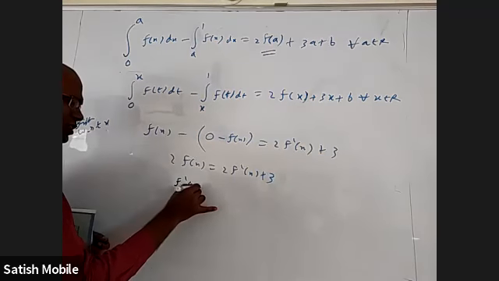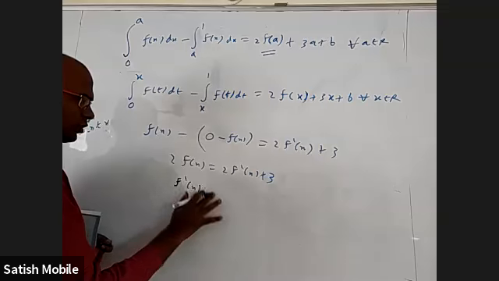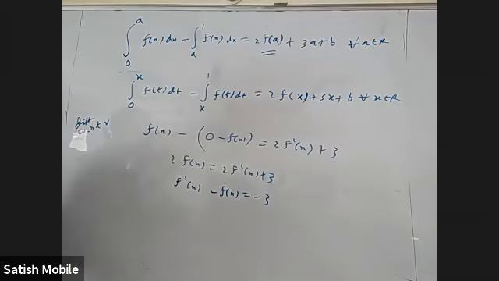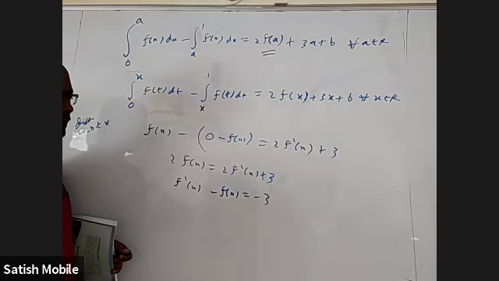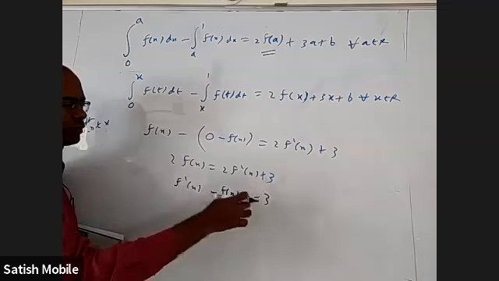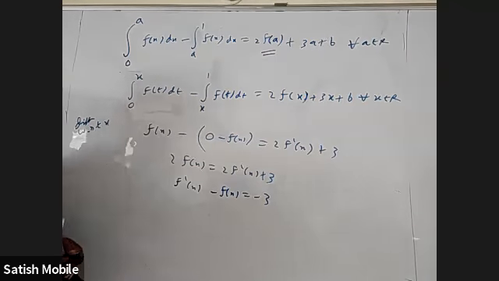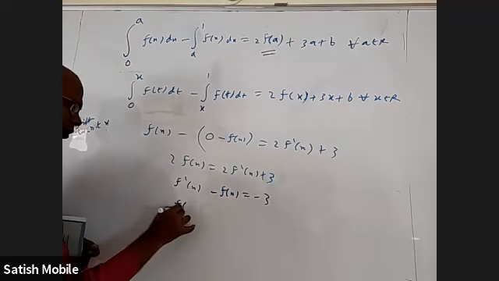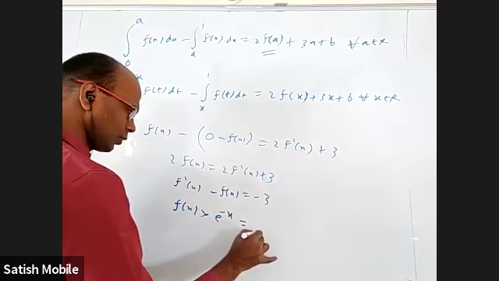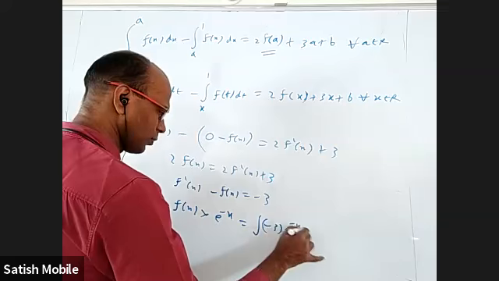This is f dash x minus f of x equal to minus 3. I don't have to do integration factor. I can do actually variable separable here because bring 3 here and down you can bring it. But if I want to do by integration factor, f of x into integration factor e power minus x equal integral minus 3 into e power minus x dx.